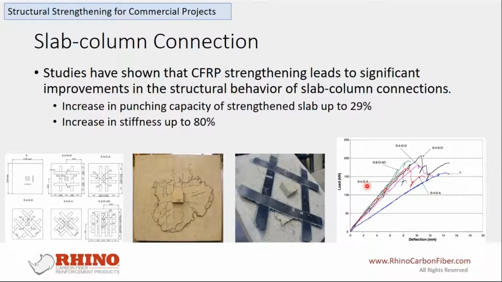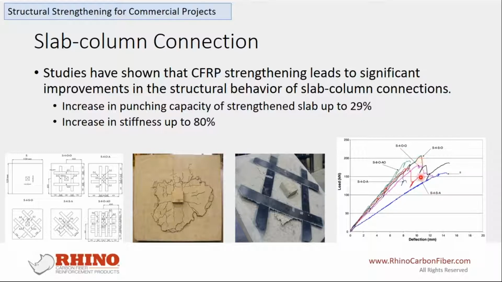If you look at the load and deflection curve in the fourth figure, the blue line represents the non-strengthened slab column connection. You can look at the rest of the lines, almost every CFRP treated sample increases the ultimate load capacity as well as the stiffness. When I talk about the ultimate load capacity, it simply means the biggest force a structure can take, which happens to be the highest point on the graph.